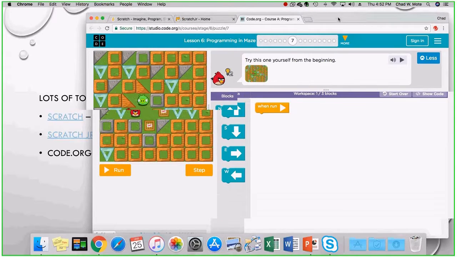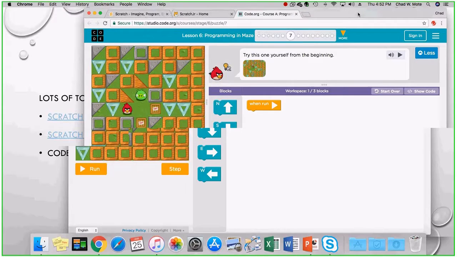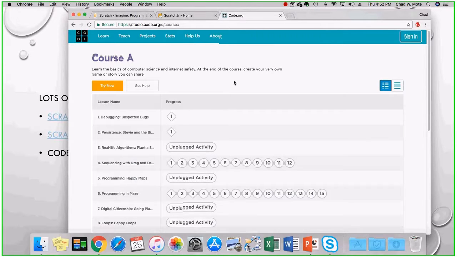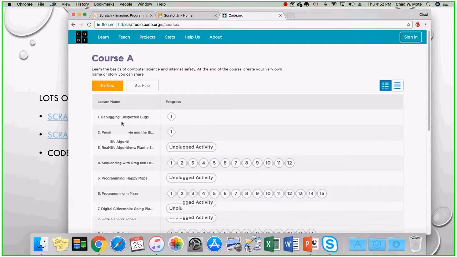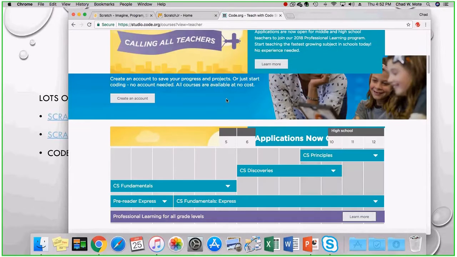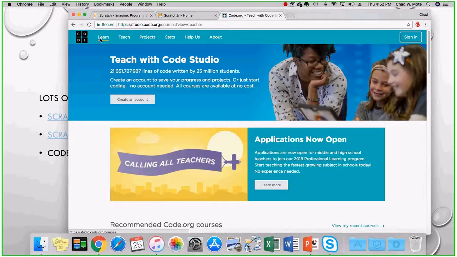Okay, so code.org, this is one particular game or activity that is available. Let me go back to these. This is an actual course, Basics of Computer Science. So the homepage of code.org, you can see learn, teach, project, stats, those kinds of things.